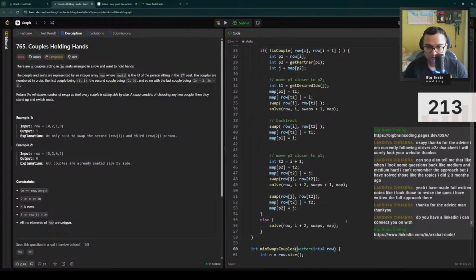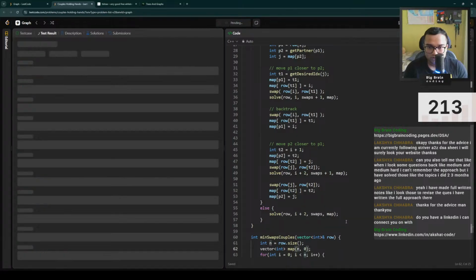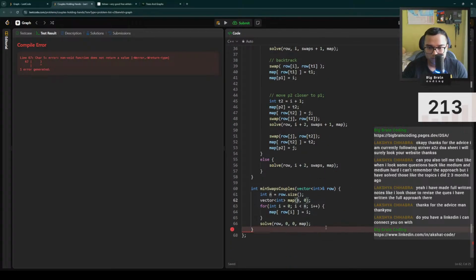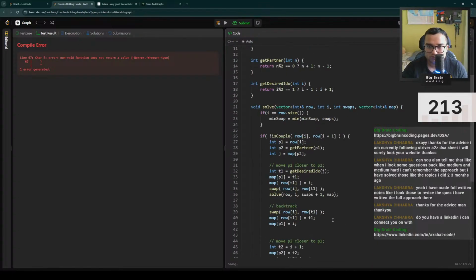Else solve this. I think this will go out of time limit. I'm pretty sure a non-void function does not return. Okay, my bad. Min swap, is it min swap or min swaps?